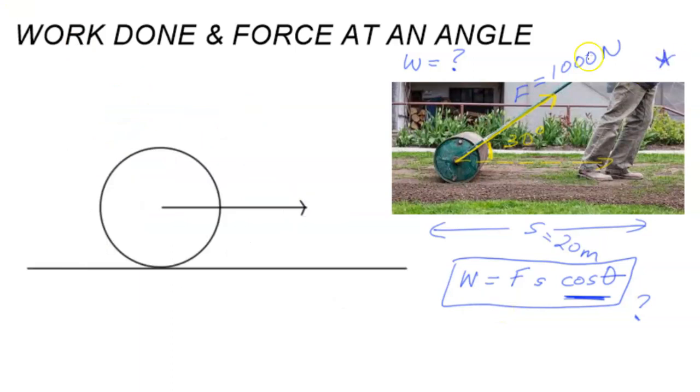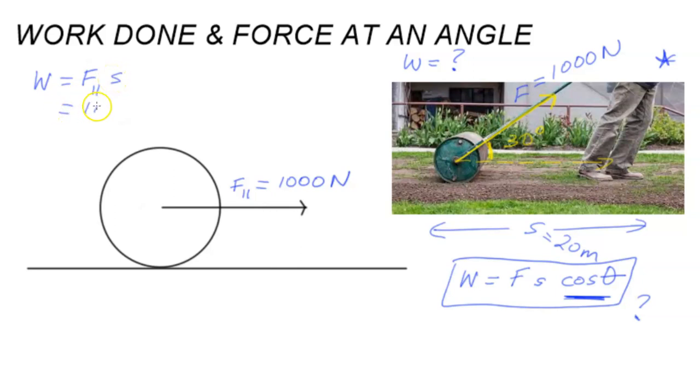Before we go on to solve this, I just want us to consider the same problem, however, with the same force acting horizontally. So in this scenario, the work done would be that parallel force times the displacement.